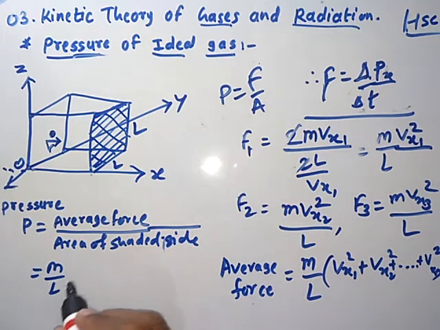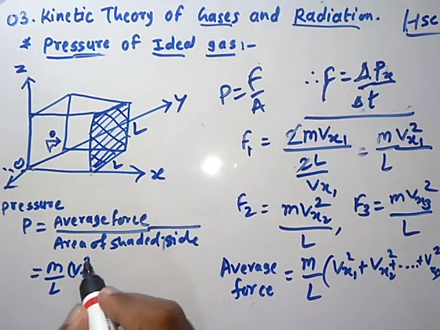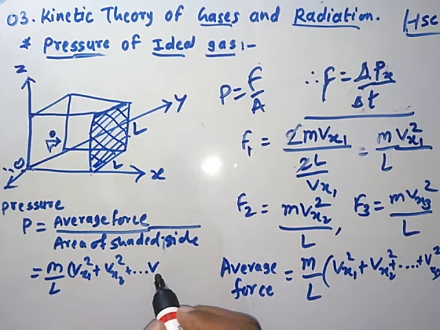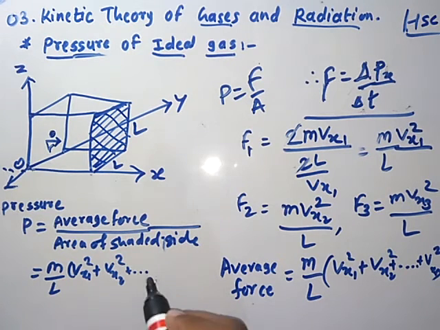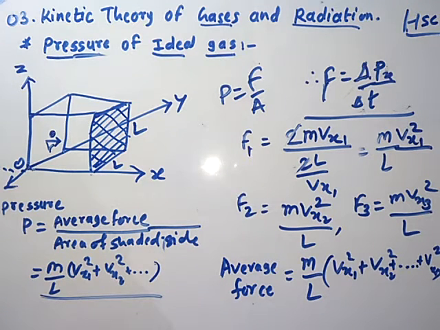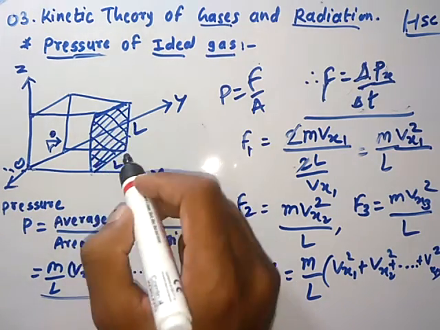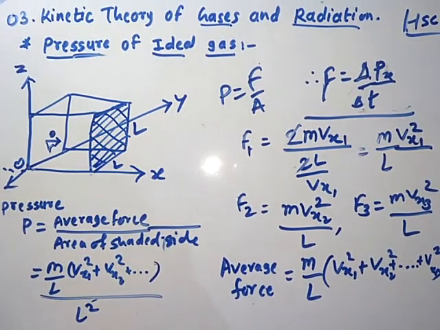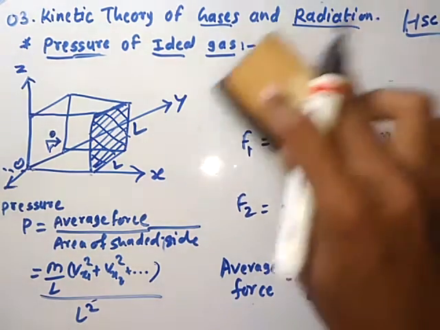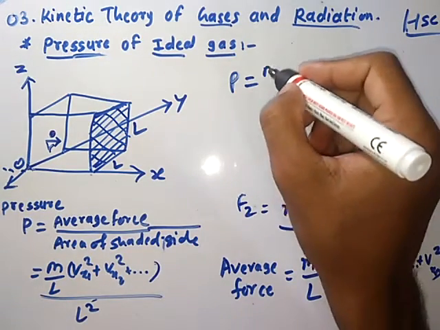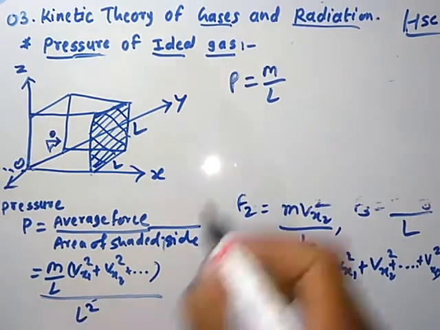We write here m upon L, vx1 square plus vx2 square plus up to the last one. There are n number of molecules, so we can write it as it is. And the area of the shaded region, suppose this is the shaded region, is L square. So up to this, the pressure equals small l upon capital L, and this L square becomes L cube.